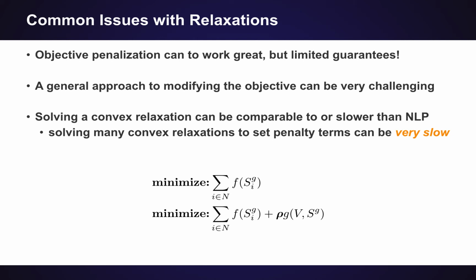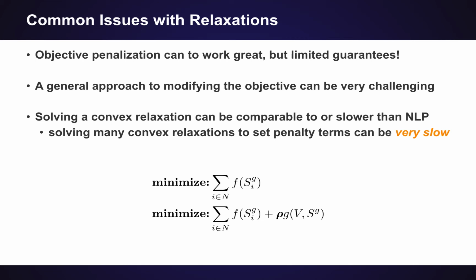So solving a convex relaxation is often comparable or slower than solving the original nonlinear problem to a local solution. So if your algorithm requires you to solve a convex relaxation many times to adjust these penalty terms, it could actually be much, much slower than solving the original non-convex problem and just converging to a local solution with no particular guarantees.